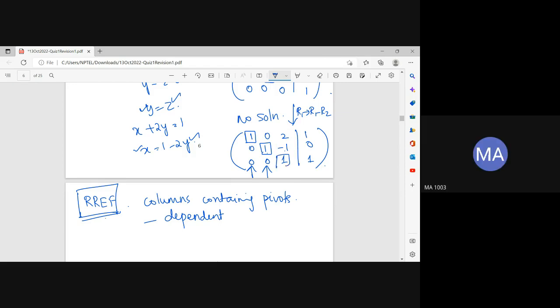Yeah, it is in row echelon form, but it is not in reduced row echelon form. So let's assume this comes in reduced row echelon form. Then our value is x3 equal to 1, right?